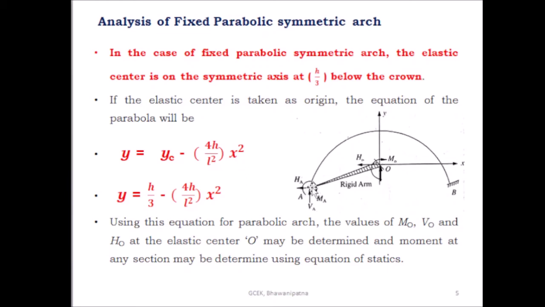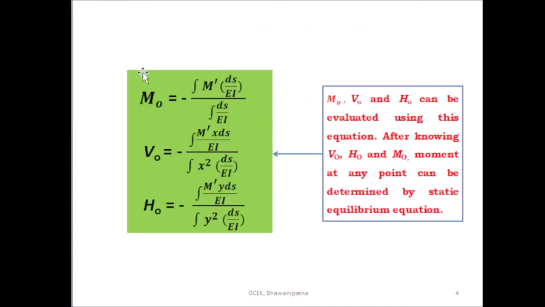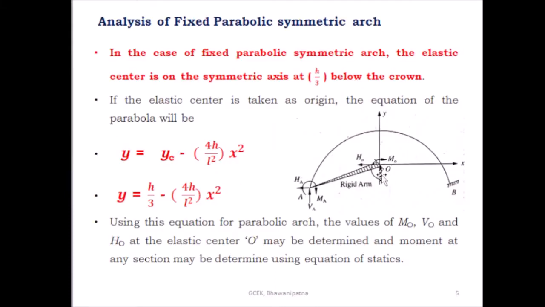That is equal to the fixed end A. So VA, HA and MA is equal to VO, HO and MO. These forces you can find out using this relation. Then after getting MO, VO and HO, the moment or the forces at any section can be found using the static equilibrium equations.